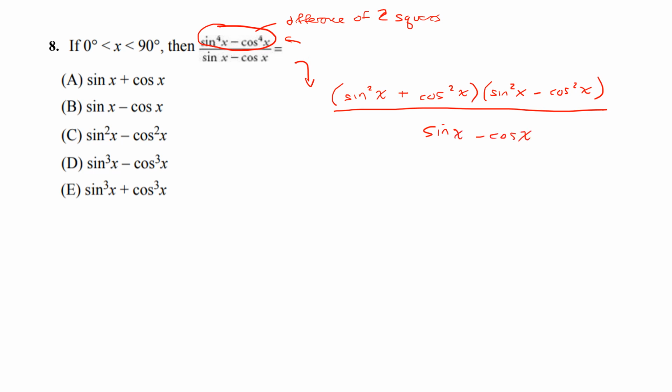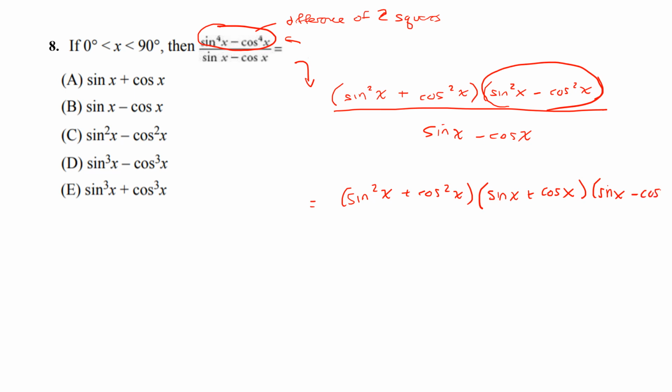Very interestingly enough, this over here is also a difference of two squares. So let's rewrite that. Sine squared x minus cosine squared x can be rewritten as sine of x plus cosine x, times sine of x minus cosine of x, all divided by sine x minus cosine x.